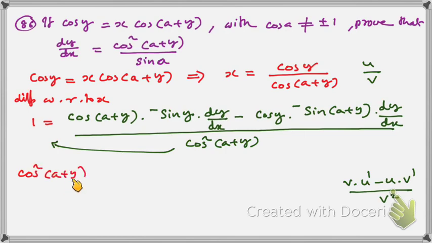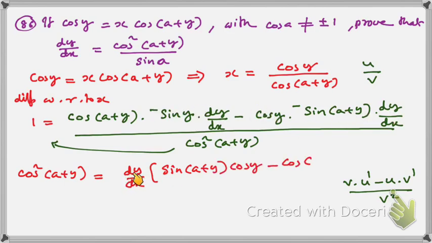So it will be cos square of a plus y is equal to, there is dy by dx common factor in the numerator. So dy by dx into this, here this double minus sign becomes plus. Write that term first: sin of a plus y cos y minus cos of a plus y sin y.